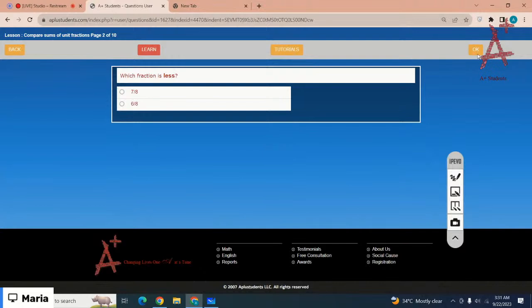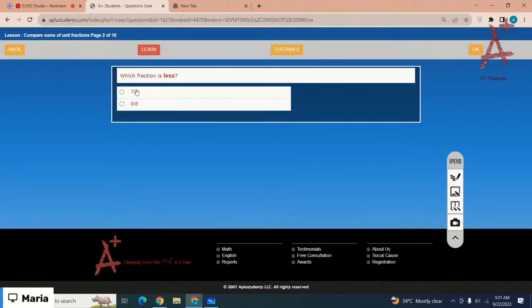Which fraction is less? Which is less? 6 by 8, 7 by 8. 6 by 8 is less because both the fractions have the same denominator, right?